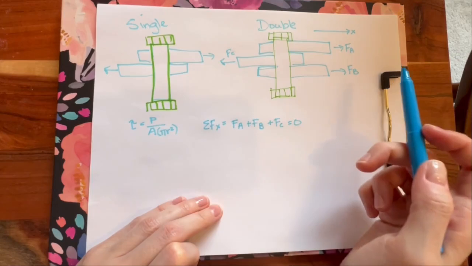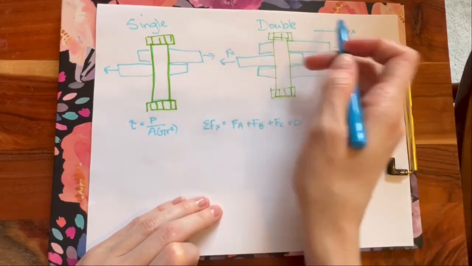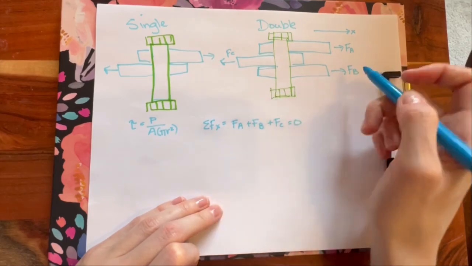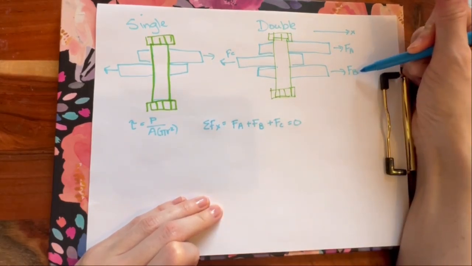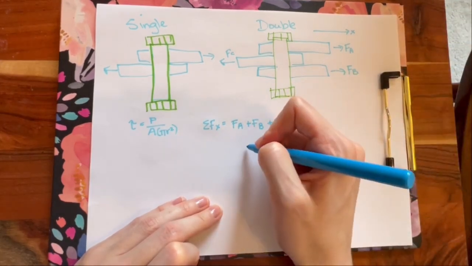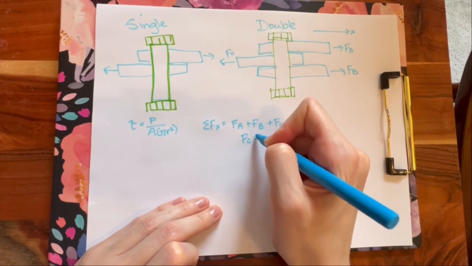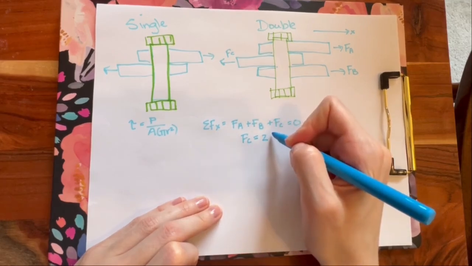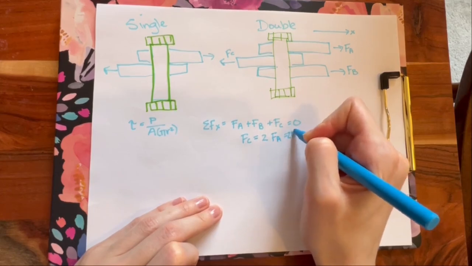So FC is negative because it's going in the opposite direction. And we know that FA and FB are, in this case, the same size force. So that means that FC is equal to 2 FA, equal to 2 FB.